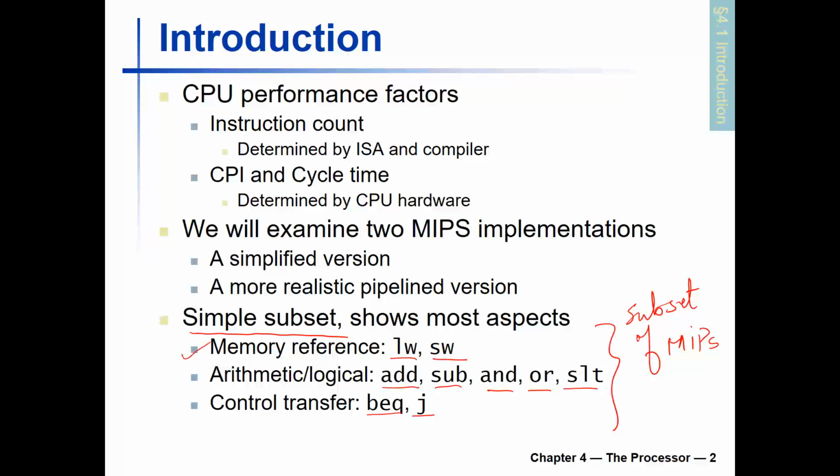So a bit of memory reference, a bit of arithmetic and logical instructions, a bit of control transfer. This is the goal for this chapter, and we will do different flavors and variations. We'll do scalar, we'll do pipeline, and see how this is implemented and all the issues associated with it.